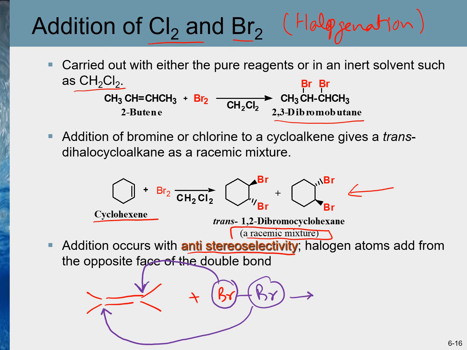Or in other words, both halogen atoms add from the opposite face of the double bond. So the end product will have a stereochemistry similar to trans positions, but cis and trans does not exist in normal alkenes, so we can't really call them cis and trans. So this kind of addition is known as anti-stereoselective addition.